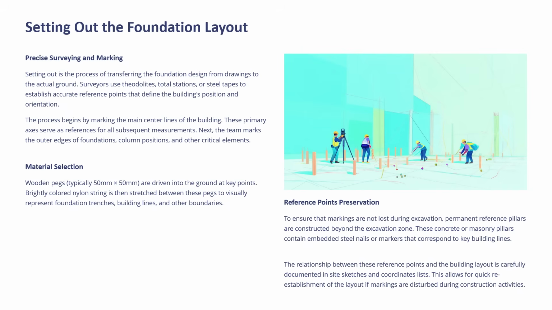The relationship between these reference points and the building layout is carefully documented in the site sketches and coordinates list. This allows for a quick recheck or re-establishment of the layout if the markings are disturbed during construction activities.